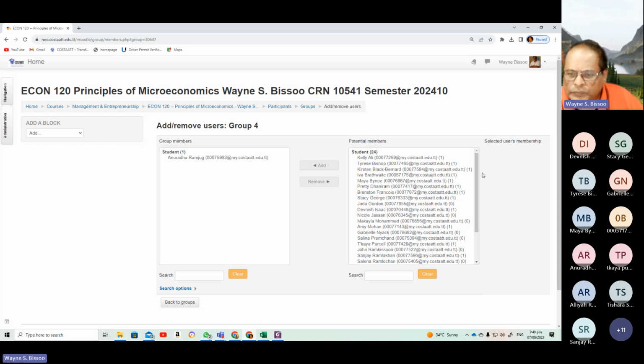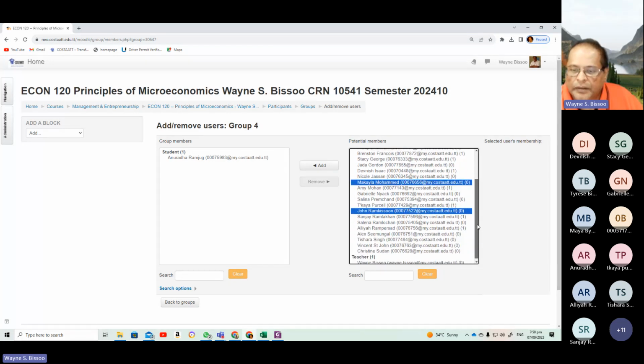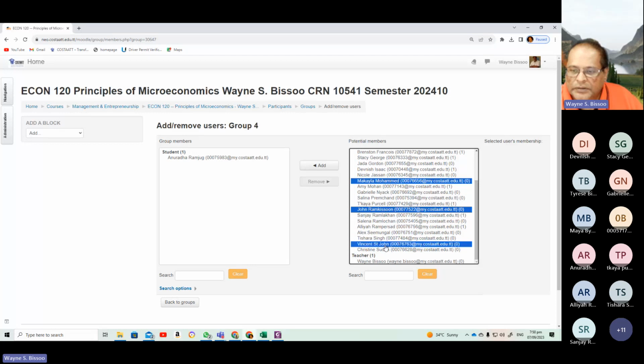Group 4 with Anuradha Ramjag. All right, these people are assigned already. Miss Mohammed. John Ram is not in a group yet. St. John.